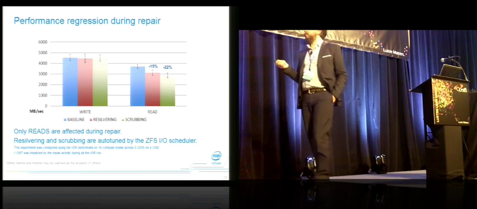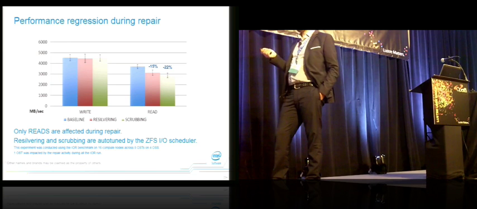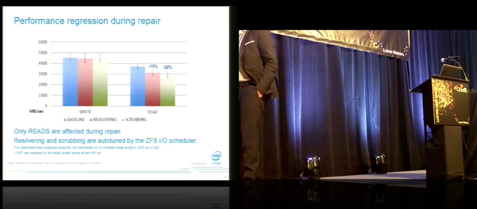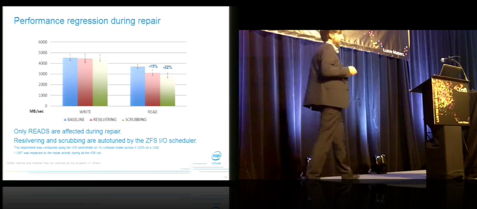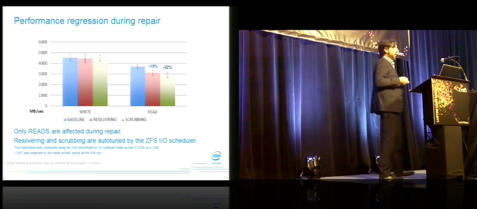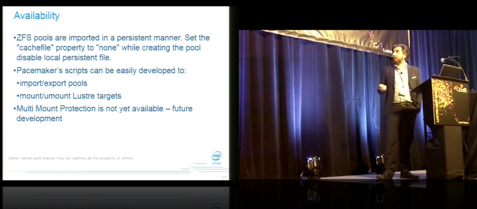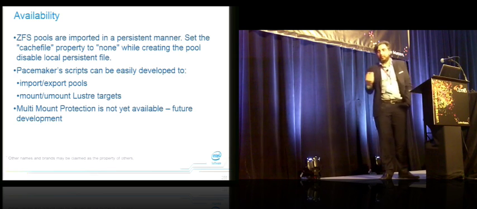And as you can see, the write is completely unaffected by the repair activity. Only reads are affected. So it's very interesting how efficient ZFS is during the rebuilding and scrubbing time on write.